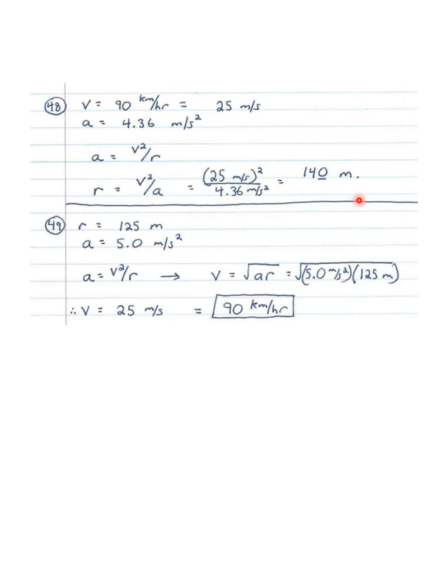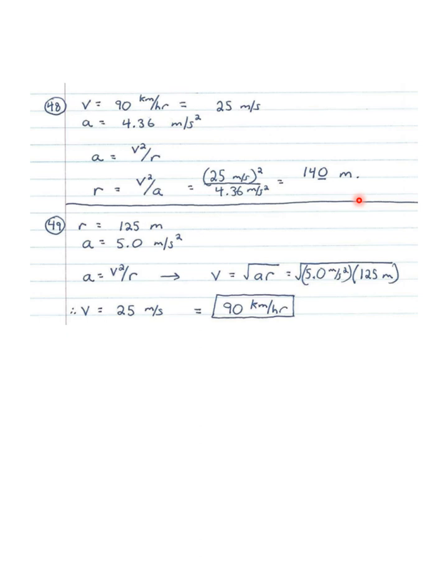Question 49, very similar. Here we have designing a flat horizontal road with a radius of 125 meters in the curve. The engineer can count on an acceleration of at least 5 meters per second squared, provided by the tires of the vehicles rounding the curve. What should be the posted speed limit given to the nearest 10 kilometers per hour?